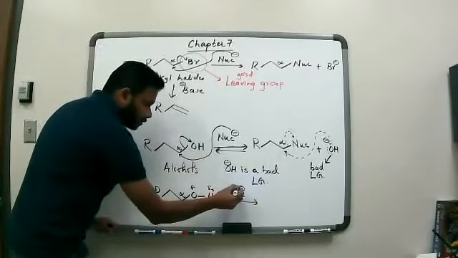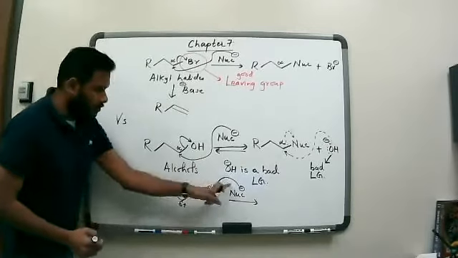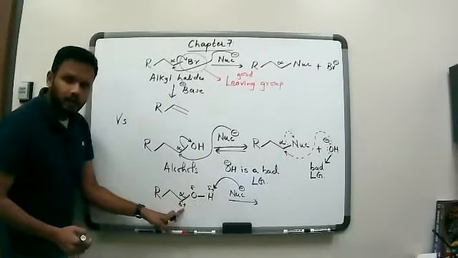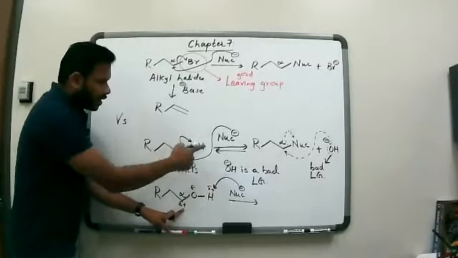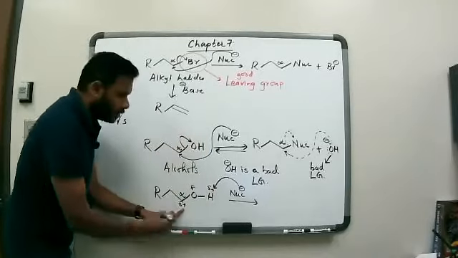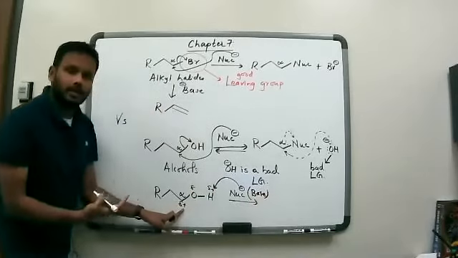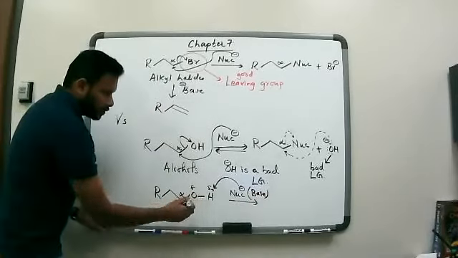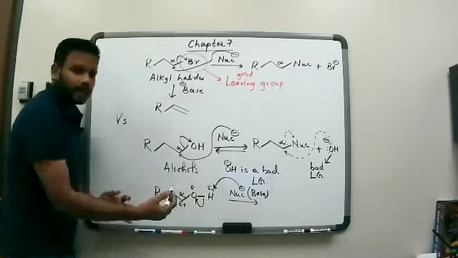So a nucleophile could do an acid-base kind of reaction, where instead of attacking the carbon here, which is what we're looking at in the top equation, where it's behaving as a nucleophile, it could act as a base and go for that proton on the hydroxyl group and just do an acid-base reaction.